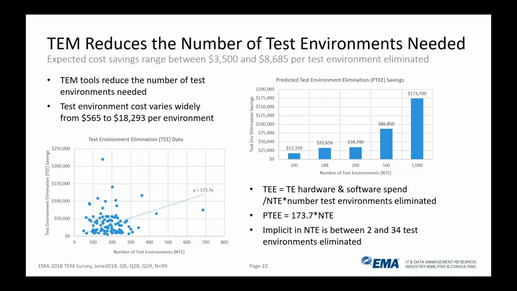The number eliminated was actually not all that high across the sample, and with the modest hardware spend on test environments in this sample, the overall savings in the upper right-hand corner is meaningful, but it's not all that high a set of numbers. So you're going to save some money here from a reduction in the number of test environments, but it's going to be minor compared to some of the other savings categories that we're going to talk about.